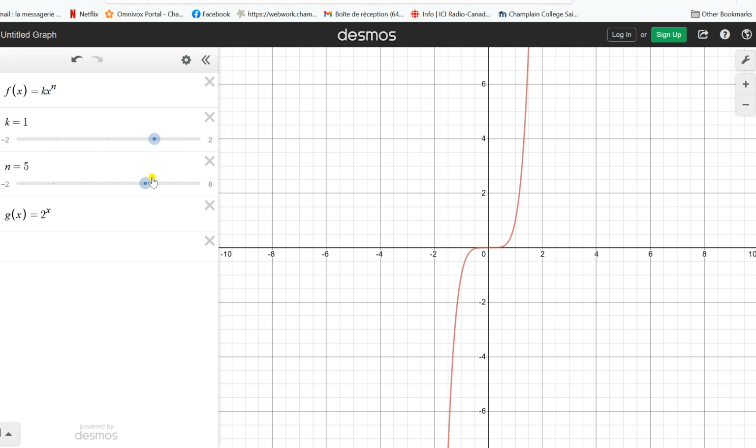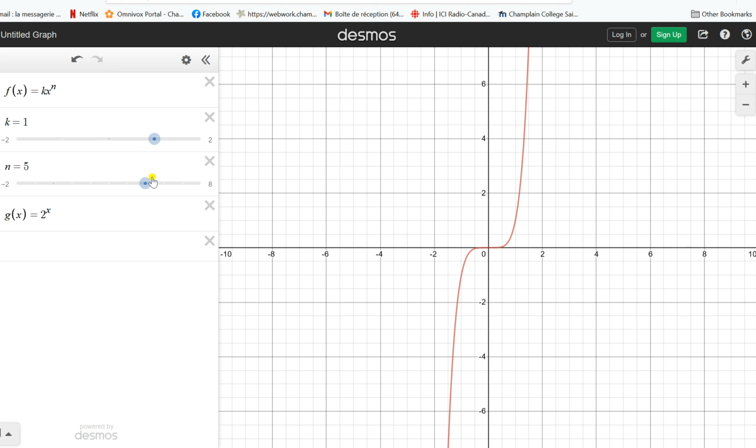So once again, if you've got an odd power, when x is large and positive, you're going to have large positive function values, and when x is large and negative, you're going to have large negative values. That's due to the fact that if you raise a large negative number to an odd power, you're going to get a large negative number.